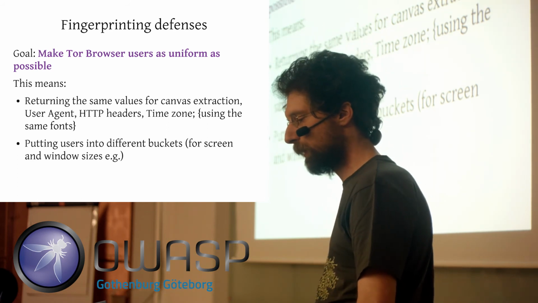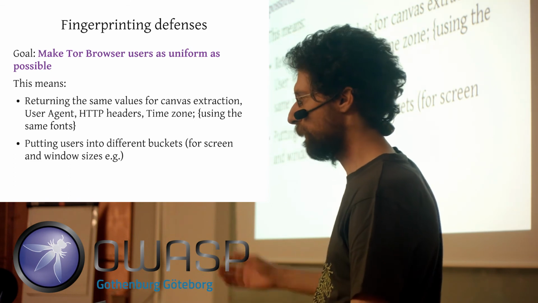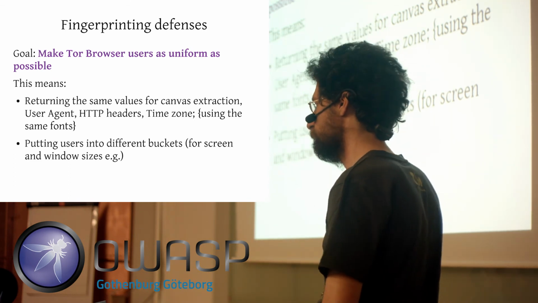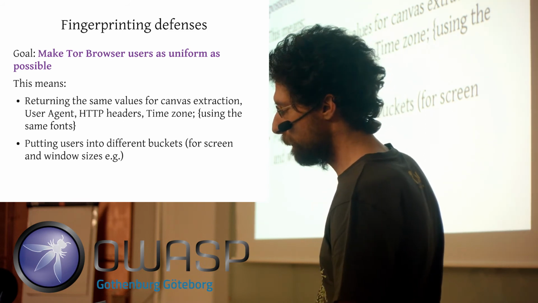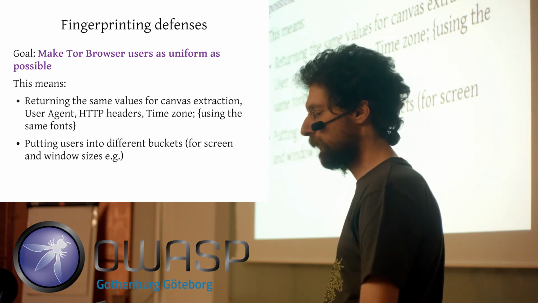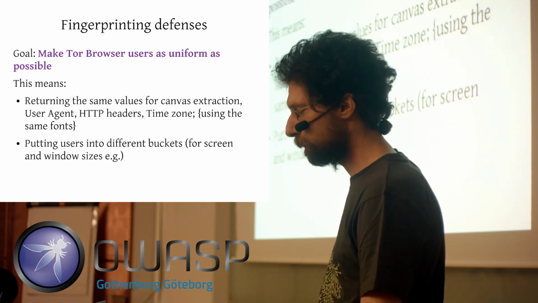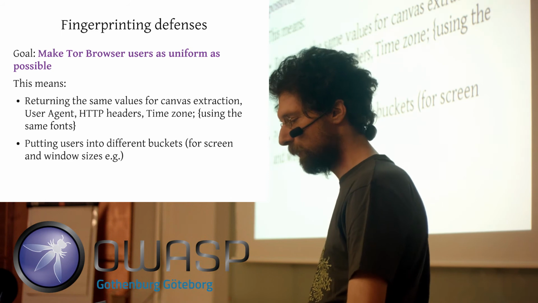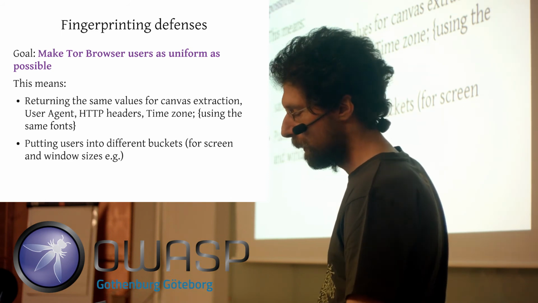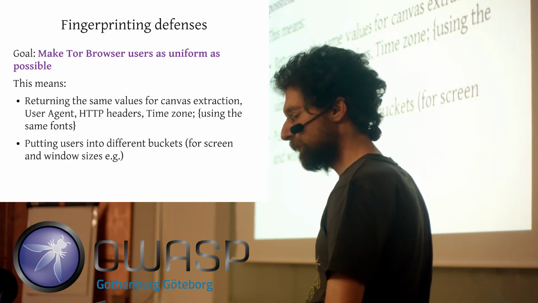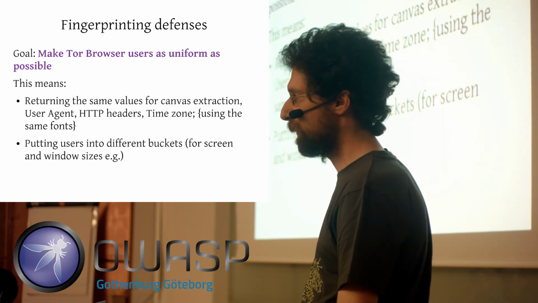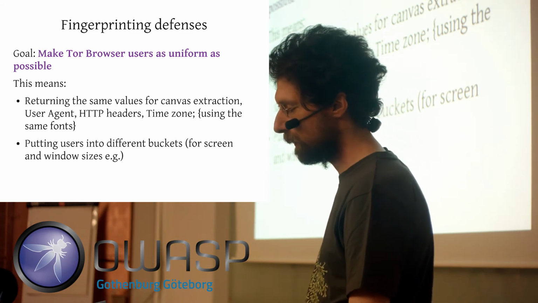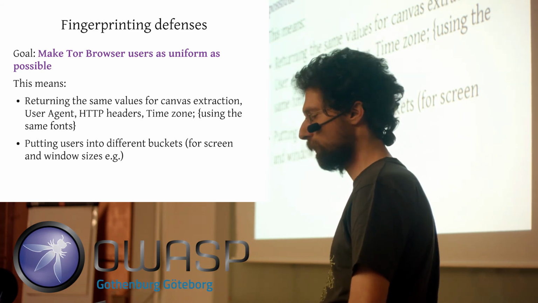Your Firefox or whatever browser you're using is telling the server, hi, I'm, for instance, a Firefox, I'm on version 31, and I'm on a Windows system, and then the server is saying, that's good, and it's maybe acting on it and sending proper data back. But what we are doing is we give every user the same user agent, regardless if she is using a Linux box or an OS X box or a Windows box.